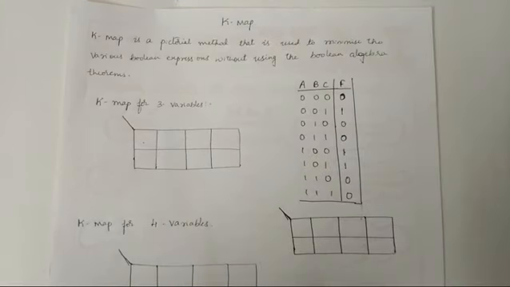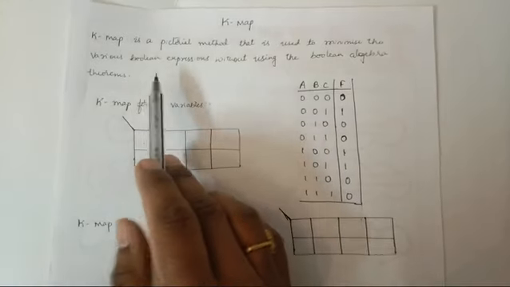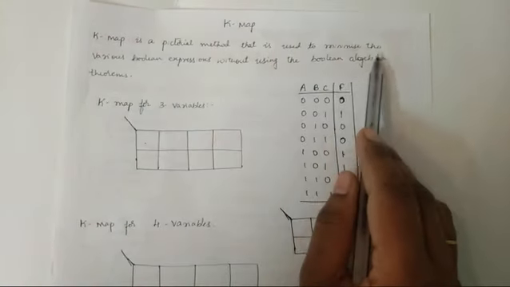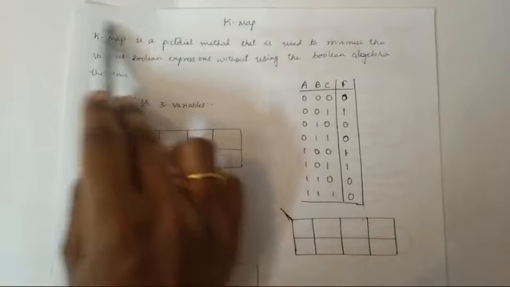These were the different Boolean algebra theorems we were using to solve any Boolean expressions. So without using those theorems, to minimize any Boolean function or expression, we are using a K-map.